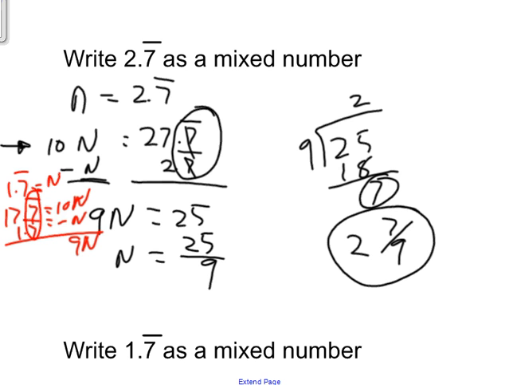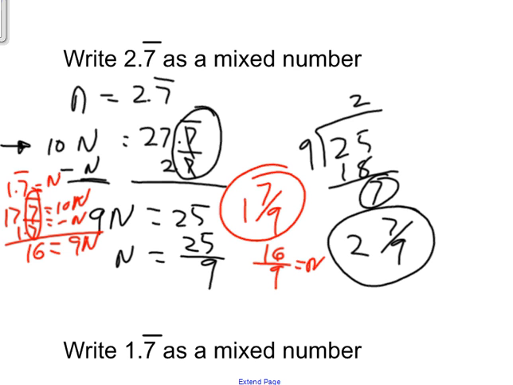These two parts cancel out, leaving me simply with 16. 9n is equal to 16. So 16 divided by 9 is equal to n. And I'm going to look to reduce that. 9 would actually go into 16 one time with a remainder of 7. So it's 1 and 7 ninths.